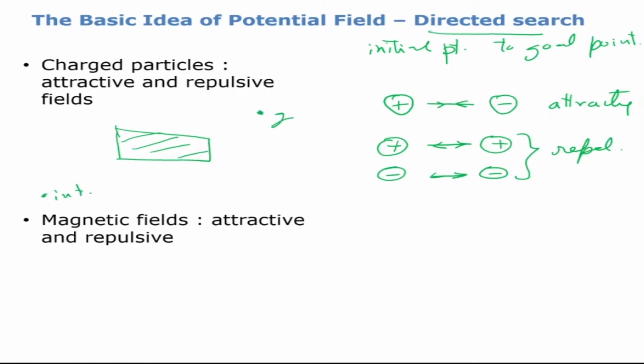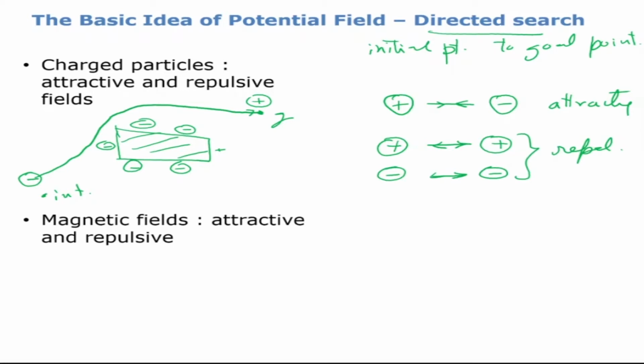I can give the robot a negative charge, and I can give the obstacle also a negative charge. So what will happen? It will repel the robot, right? And I can give a positive charge at the goal. So what is going to happen? The robot will get attracted towards the positive charge, and it will go like this, get repelled by the negative charges, and then go towards the goal. So we are directing the robot towards the goal.